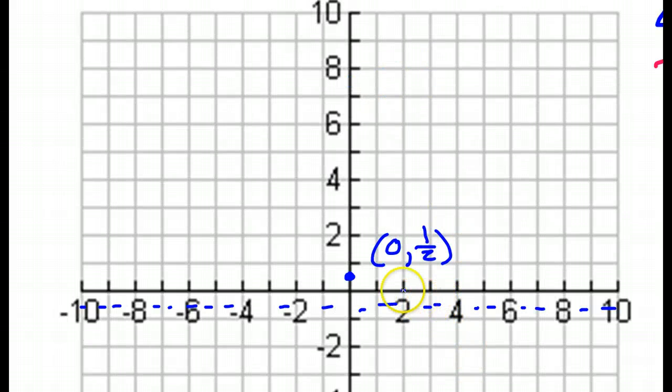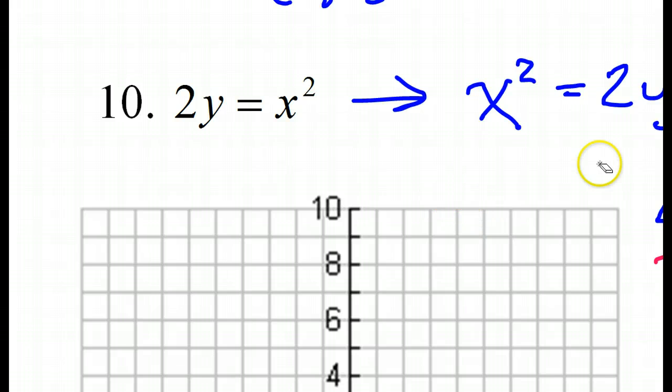Okay, now we need those 2 more dots, so we will need the focal width. Alright, now the focal width is going to come from this number right here. So my focal width is 2.